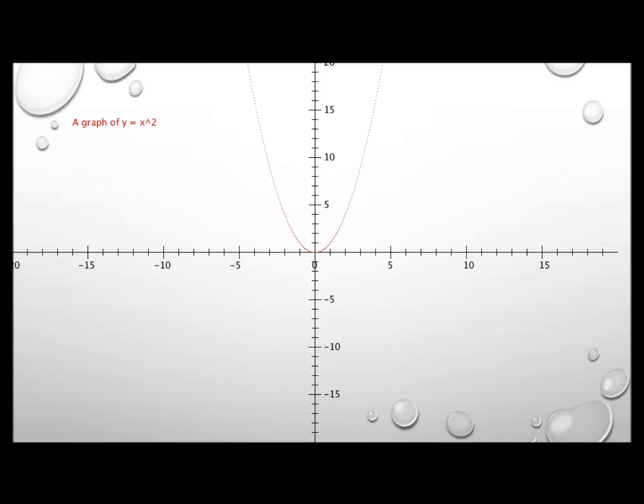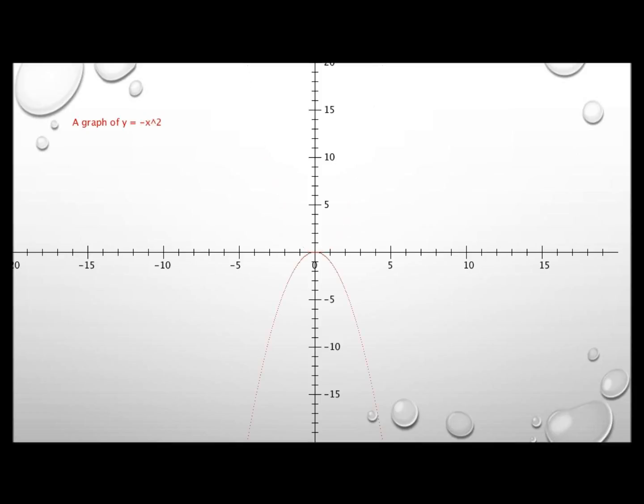Now, it's U-shaped, it looks a bit like a smiley face, and if the x squared term is positive, then you will see this curve that opens up at the top. I like to think of it as positive people are happy and they put a smile on their face. So if you have a positive x squared term, your graph is going to look like a smile.